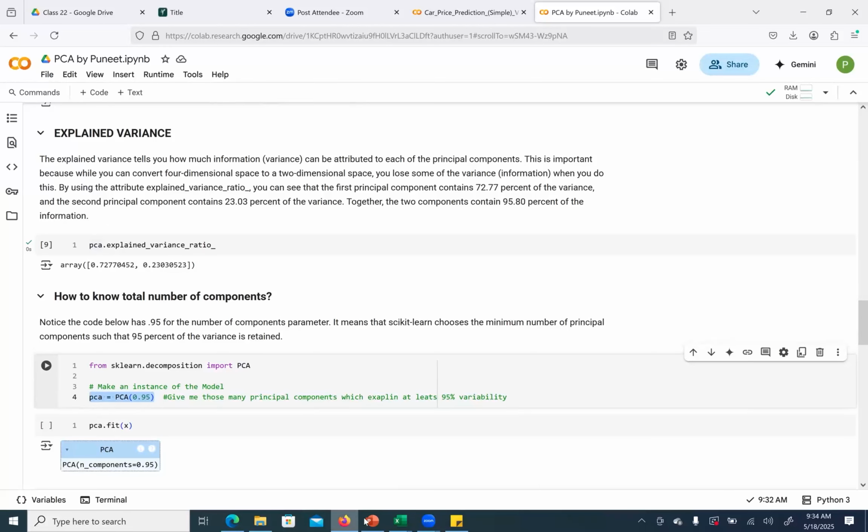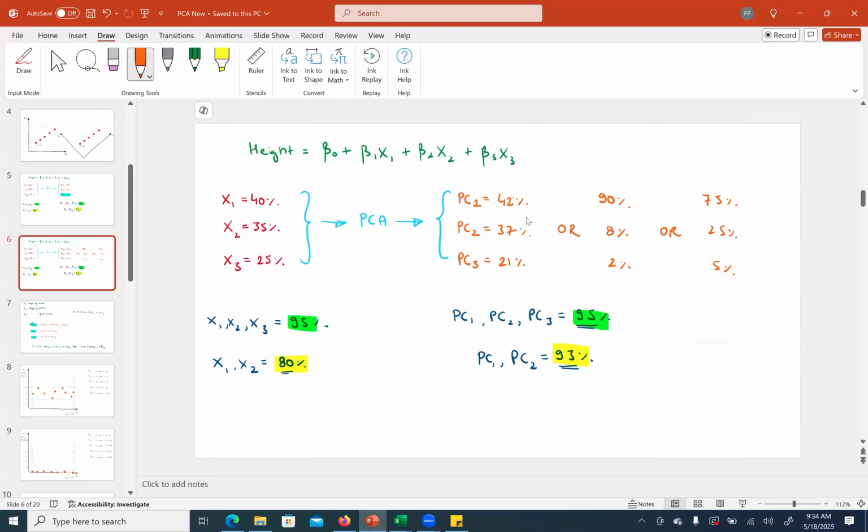Okay, what is the meaning of that? Let's say over here, if this is the case, and I say give me those many principal components which explain at least 95% variability, right? Then I will end up selecting all the 3 principal components. Why? Because 42 plus 37, how much will it be? 79%, yeah, which is less than 95%.